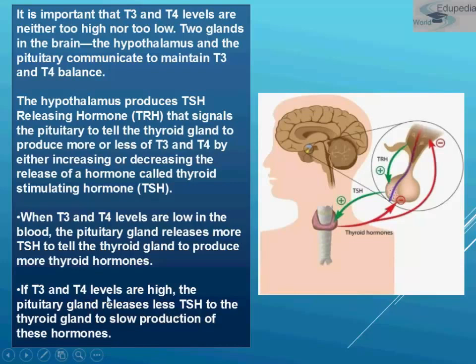That means if T3 and T4 levels in your blood are high, then the pituitary gland releases less TSH, because TSH would stimulate your thyroid gland for the production of T3 and T4. So it will automatically release less TSH, that is thyroid stimulating hormone, to the thyroid gland to slow down the production of these two hormones, T3 and T4. Okay.